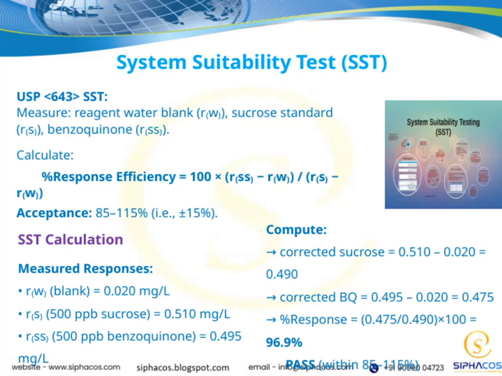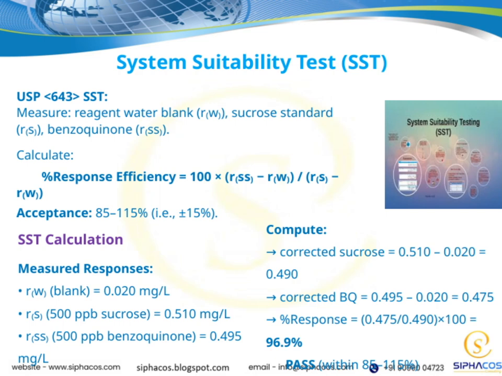Now, let's look at how we calculate the corrected responses. First, we take our raw sucrose measurement, which is 0.51, and subtract the blank correction of 0.02, giving us a corrected sucrose value of 0.49. Similarly, for benzoquinone, we start with 0.495 and subtract the same blank correction of 0.02, resulting in 0.475.